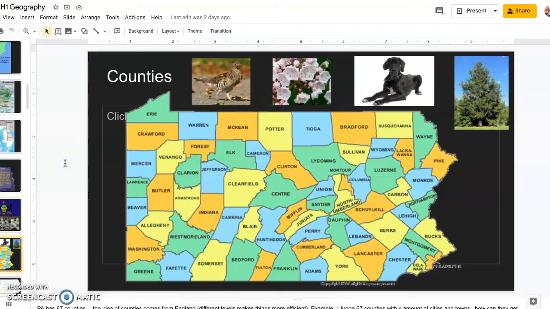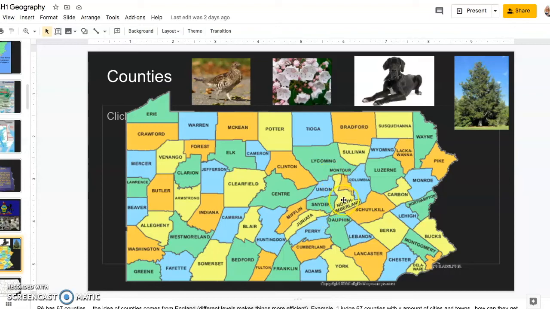Some more introductory information on Pennsylvania would be that it has 67 counties. An easy way to remember where we live is that we probably have the most strange county in PA, maybe anywhere, Northumberland. This is the one that we live in.